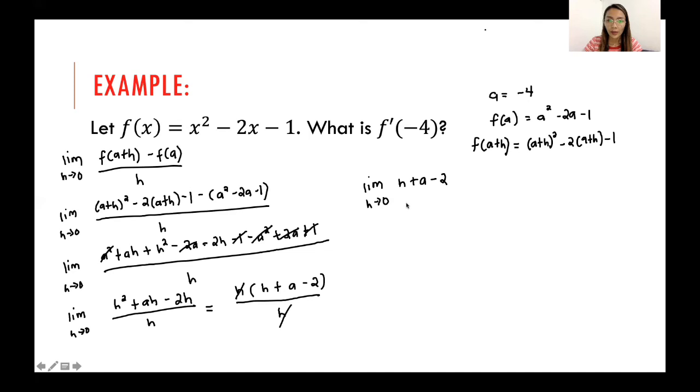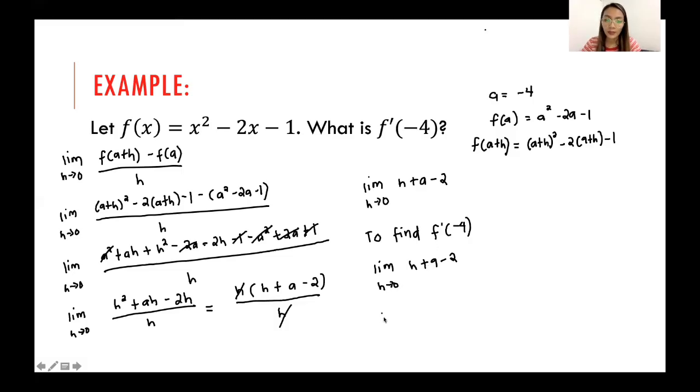So, how are we going to find f prime of negative 4? Okay? So, to find f prime of negative 4, simply substitute this h plus 2a minus 2. I-substitute lang natin. Si h is 0 and si a is negative 4.